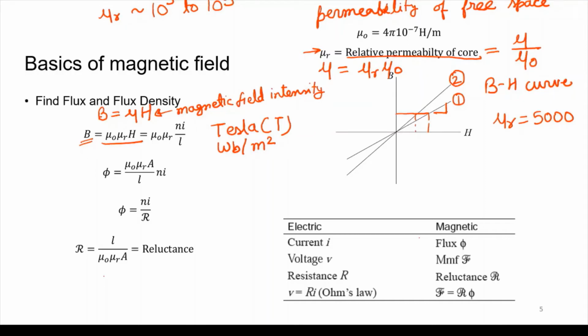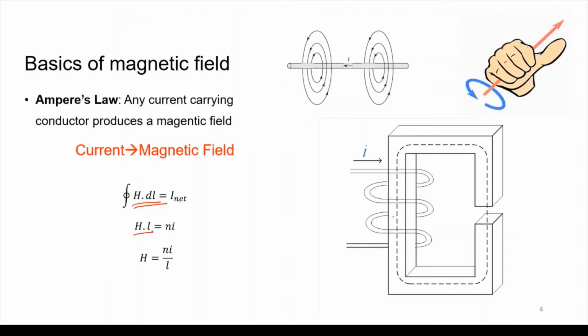So that is why we have considered the path in the Ampere's law slide inside the core, because this is the highly permeable material. If, for example, we take this path, it is also enclosing the same current which is enclosed by this dotted path.